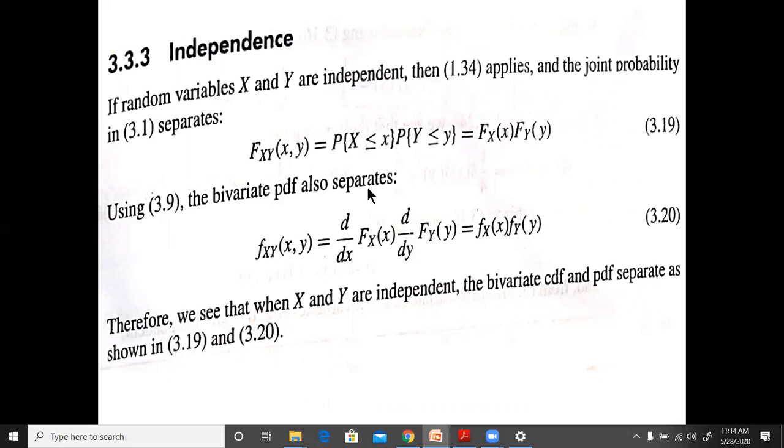Similarly, the bivariate PDF can also be separated like this: the quantity can be differentiated with respect to x and with respect to y, and hence we get f_X(x) and f_Y(y). That again gives us that the bivariate probability density function can be written as the multiplication of the individual probability density functions of each of the two random variables.